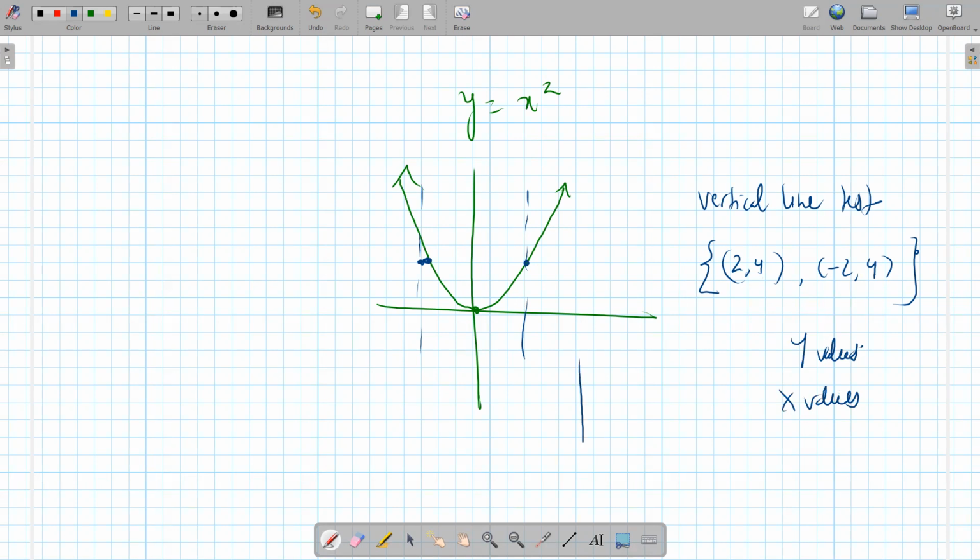If x values were to repeat, let's say you had (2, 4) and then (2, 5), so (2, 4) would be right there, and (2, 5) would be right there. It would fail the vertical line test, so that is not a function. Y values can repeat, and a quadratic is an example of a y value repeating.